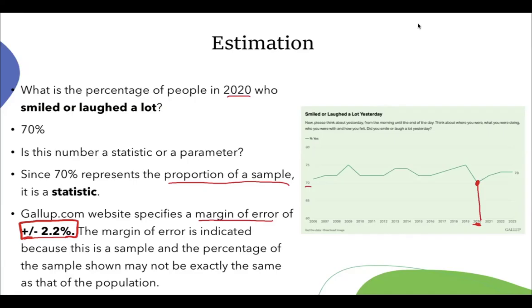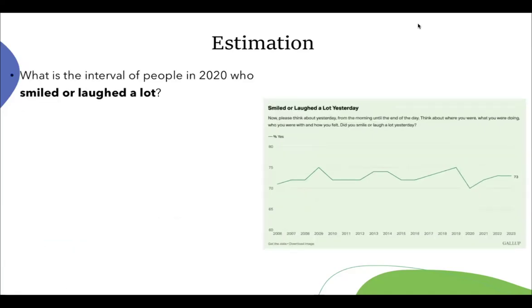Let's look at how we can apply that margin of error. Applying the margin of error gives us more than a single number, 70. It gives us an interval. An interval is a range with a lower limit and an upper limit. So if we take 70 and we plus or minus 2.2, that means we're going to both subtract 2.2 and add 2.2 to 70.